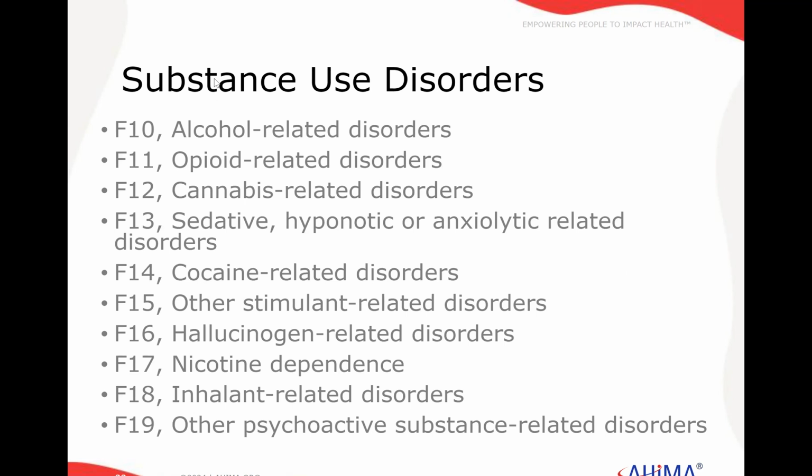And again, you can see here each of these code categories have specific substances tied to them. In the case of alcohol, this is F10. In the case of opioids, F11, and so on.